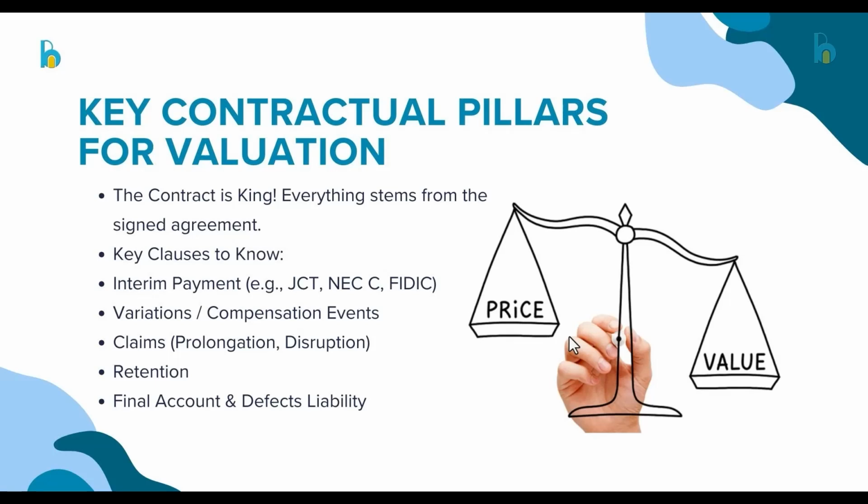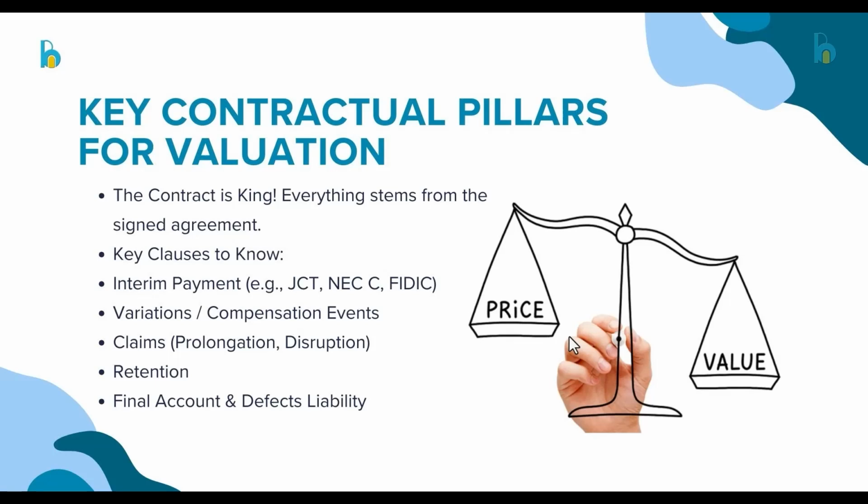Which construction document are you using? Are you using JCT or FIDIC? Depending on regions, most countries have their own contract agreement they usually use for their own country. So they have the mostly used one, and they have the ones they use based on the conditions of contract.